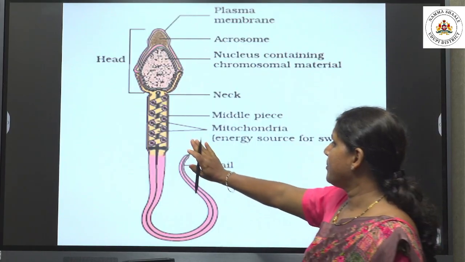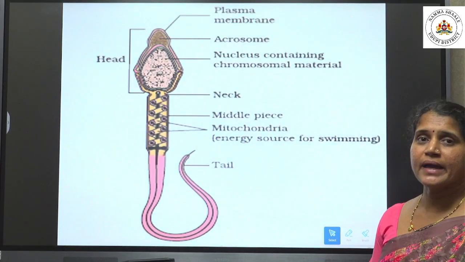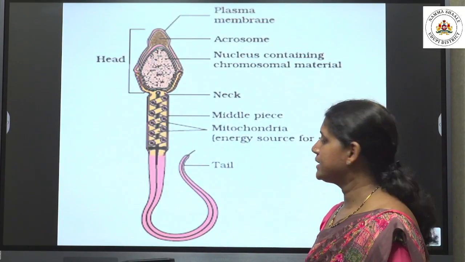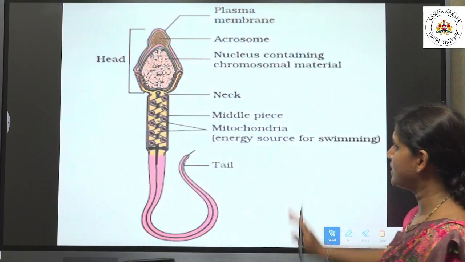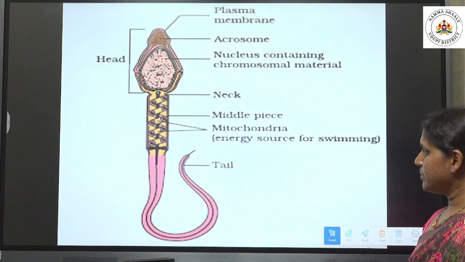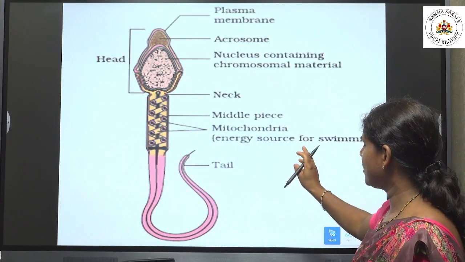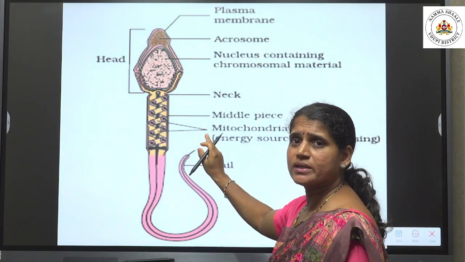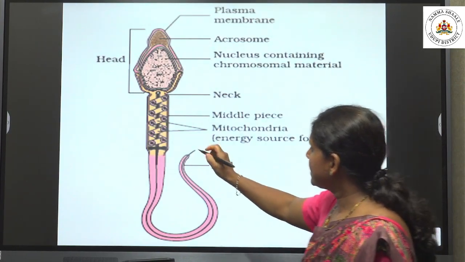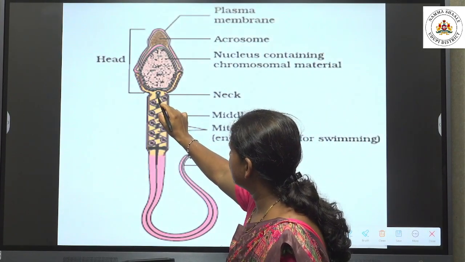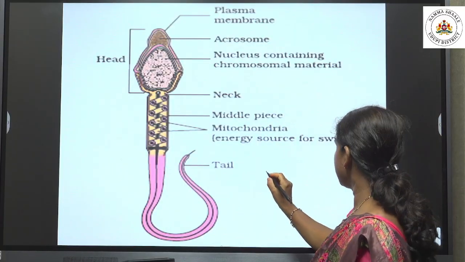This mitochondria provides the energy for the motility of the sperm, for its movement through the female reproductive tract. And then the centrioles are there.